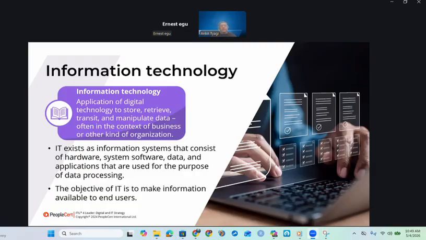The objective of IT is to make information available to the end user, so that they can take informed decisions based on that information.